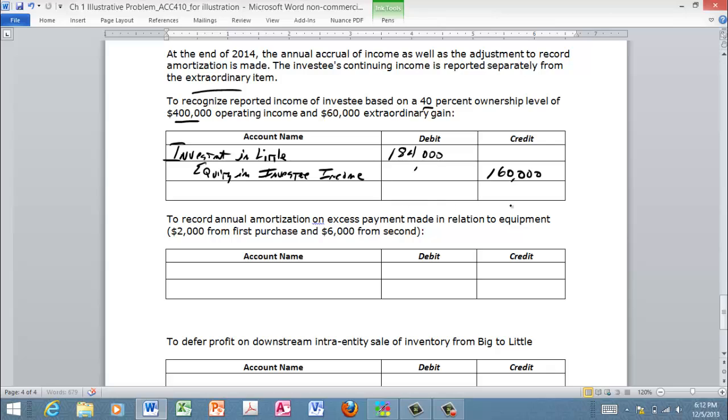And then I'm going to pick up the $24,000 of my share of the extraordinary gain of investee.